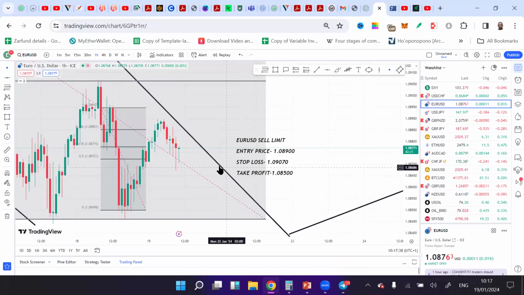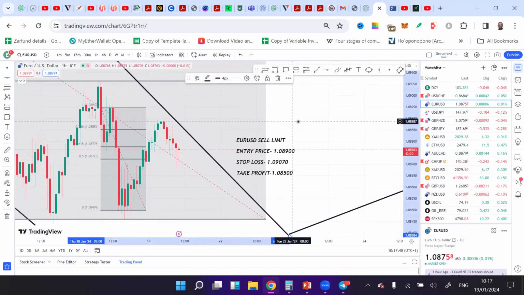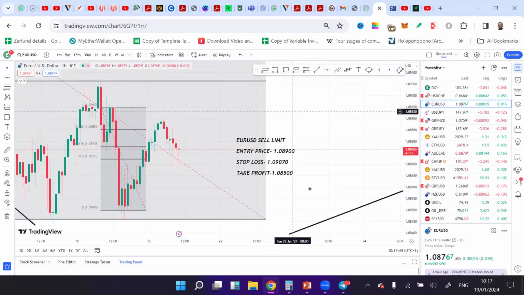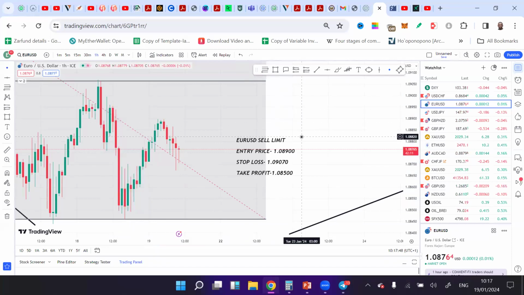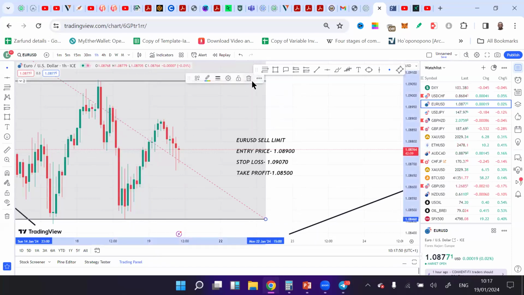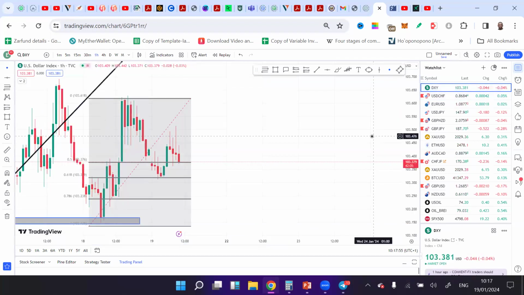So this is Euro USD. Euro USD is meant to sell, right? The bias on Euro USD is still a sell, but Euro USD usually has a relationship with the dollar index that is opposite.